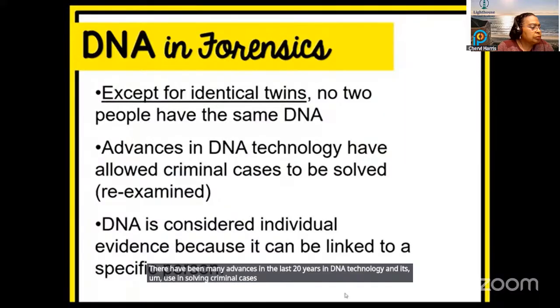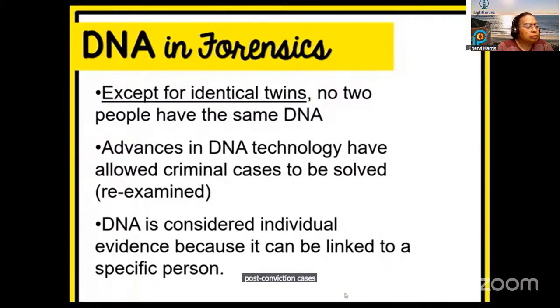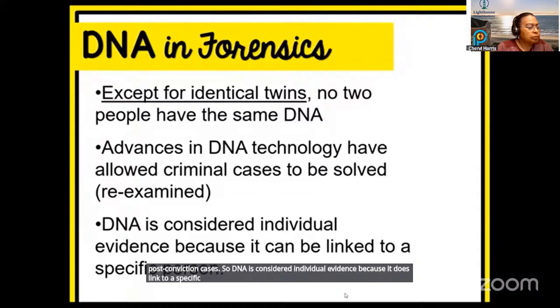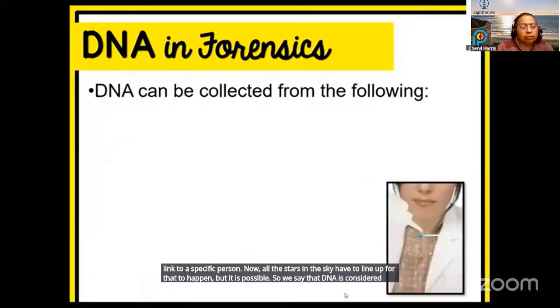If you join me for the Innocence Project lesson, you know that it's also been instrumental in helping to solve or re-examine post-conviction cases. So DNA is considered individual evidence because it does link to a specific person. Now, all the stars in the sky have to line up for that to happen, but it is possible. So we say that DNA is considered individual evidence.